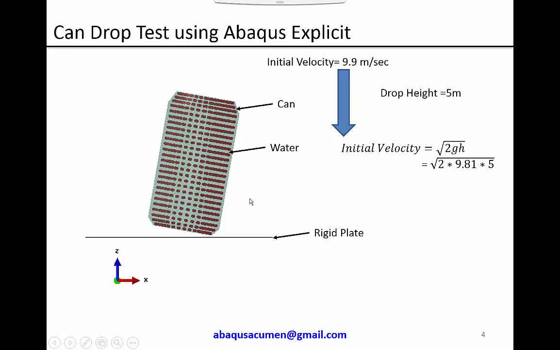There will be no stress generation, it is just free fall. So before hitting the rigid plate, we calculate the initial velocity using the equation square root of 2gh, which is 2 times gravity times height. For this case, the initial velocity before hitting the plate will be 9.9 meters per second. We'll give this initial velocity to the can and water, the plate will be fixed at the bottom, and then it's going to drop.